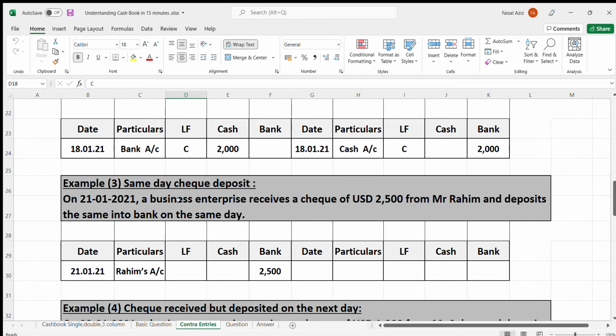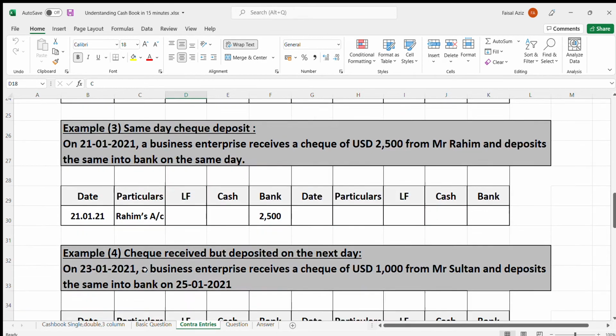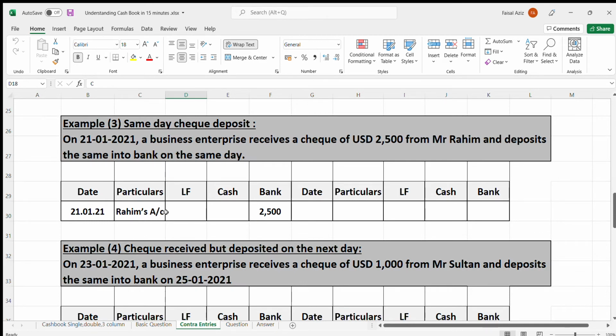In this case, when we receive a check from our customer and we deposit that check on the same day, we don't need to record any contra transaction. We can directly mention this check in the bank column.